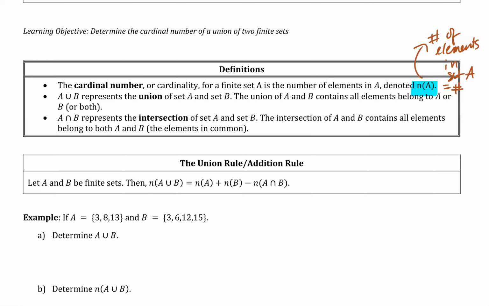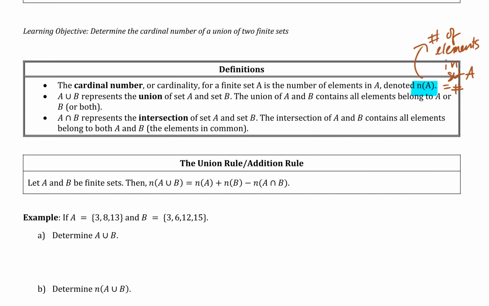Two other important pieces of definitions that we need to understand before going over these examples today are the union and the intersection. So these are some set theory definitions that we need.